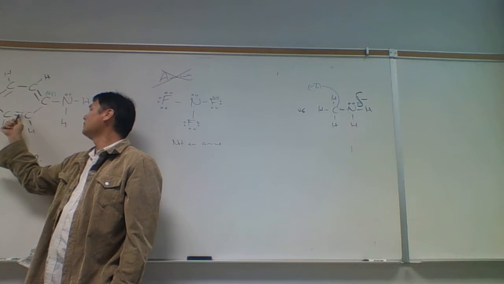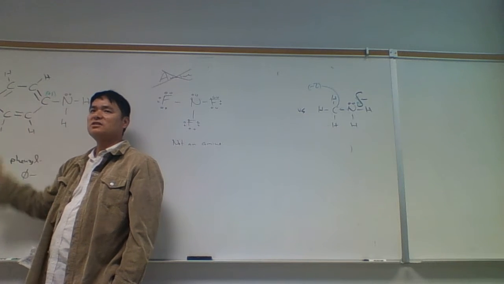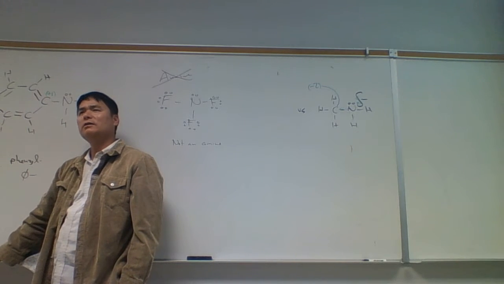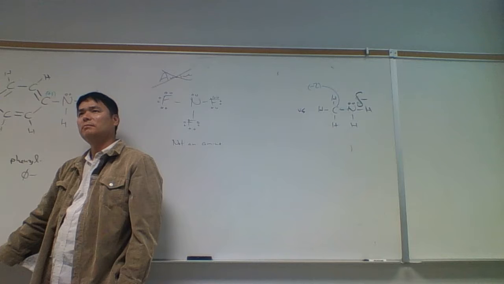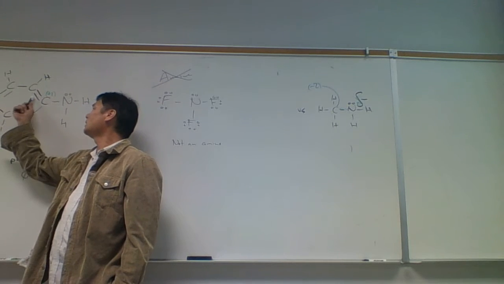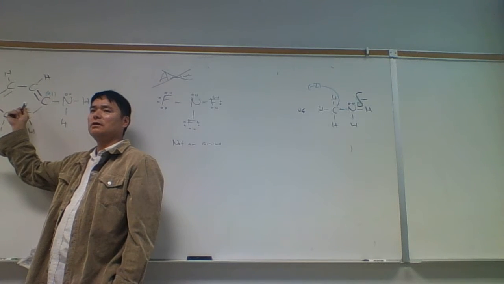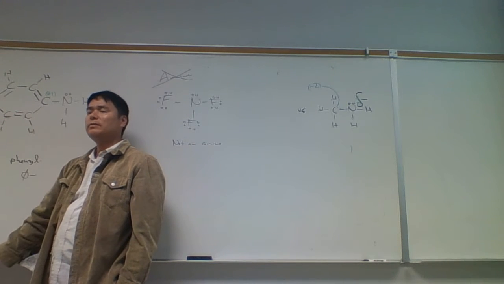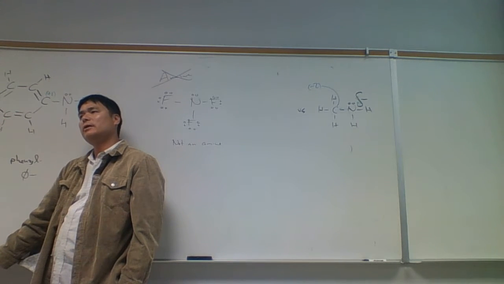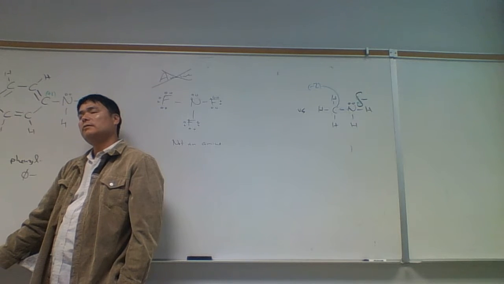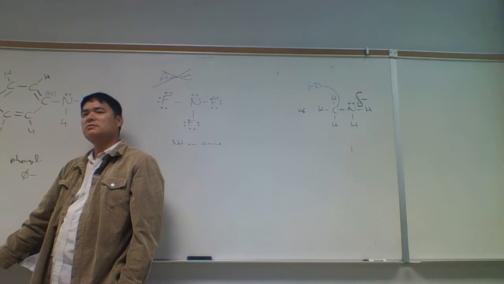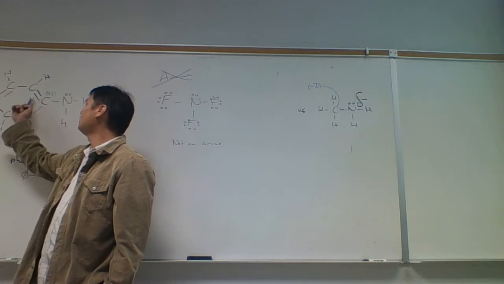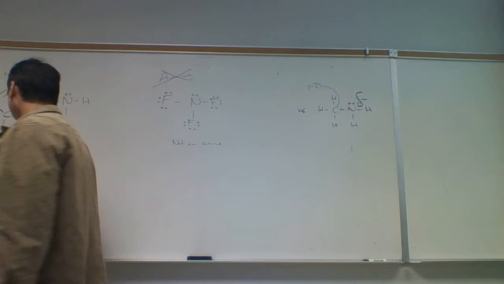When we have this type of arrangement, it has special properties, and we give it a different name. When you have alternating single and double bonds, we call it aromatic, because a lot of these compounds have a nice smell or aroma to them.